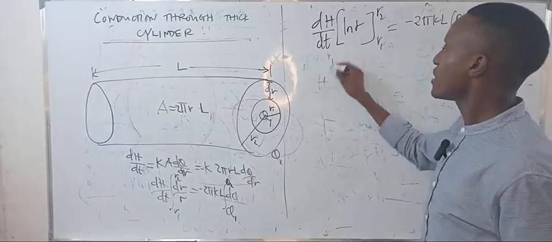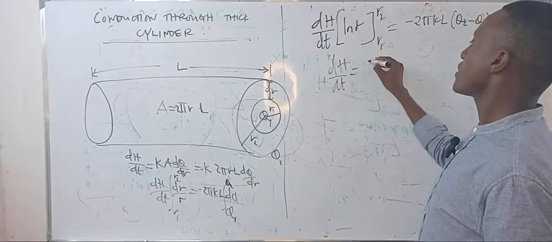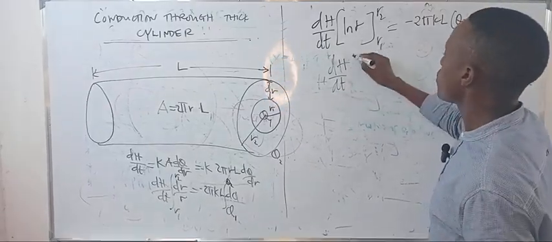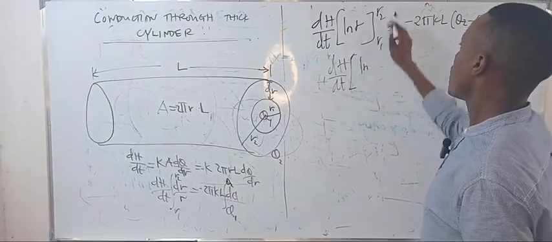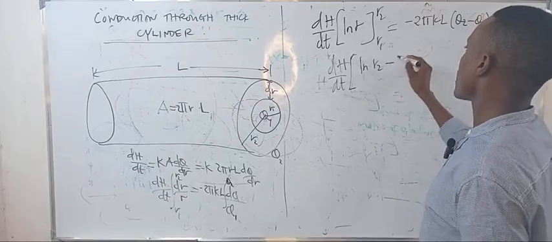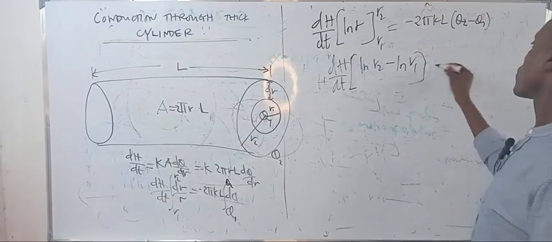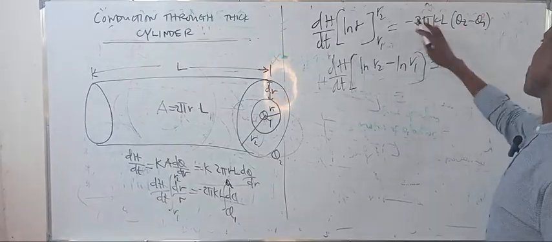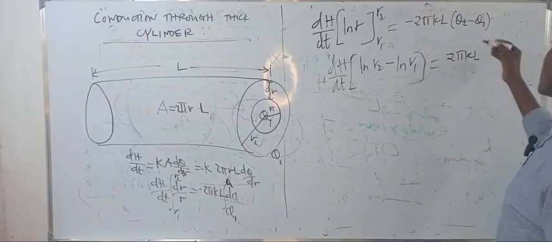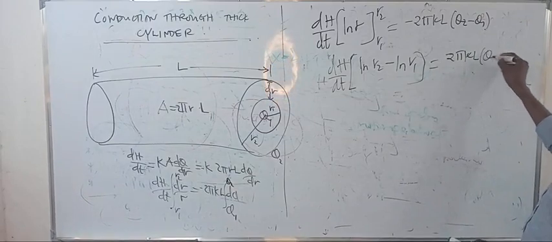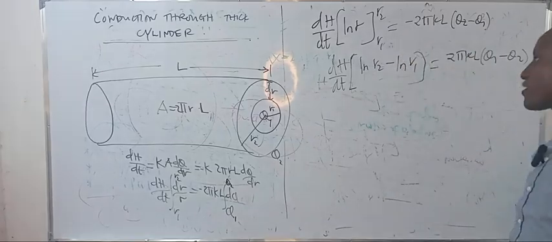So dH over dt, before you make the subject, is ln R2 minus ln R1. Do you get me correctly? So with the negative, it is 2 pi k L times theta 1 minus theta 2 instead of theta 2 minus theta 1, because of this negative.